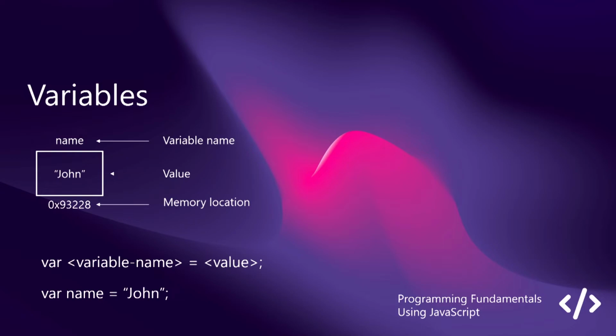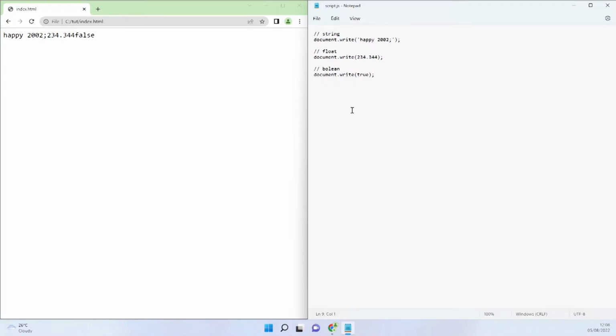I'm back in our code, and let's just get rid of everything we have here and start with what we just saw. So what we just did was var, name equals to John in quotes, which means that John is a string.